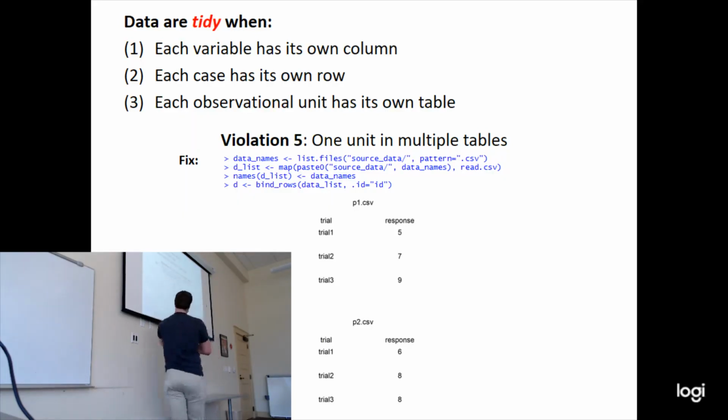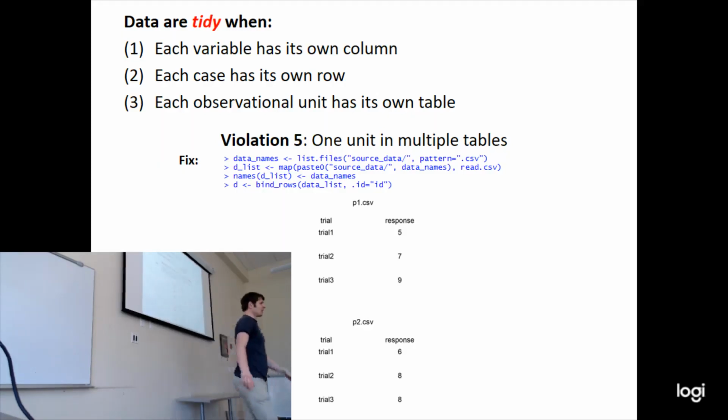This next line says, okay, I want to make sure that I don't lose information about which file these data sets came from. I want to make sure that each row is labeled participant 1, participant 2, participant 3, wherever they came from. So that makes sure that happens. And then finally, I can use a function called bind_rows that says, take all these separate data sets together and make them one data set.